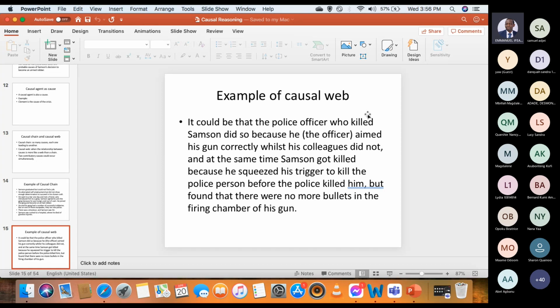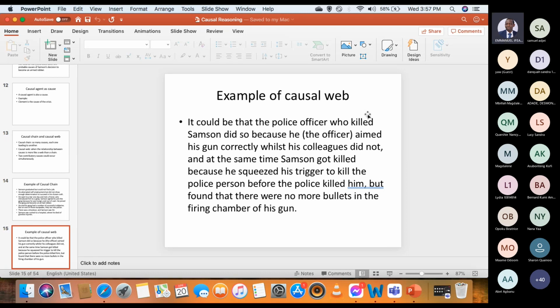It could be that the police officer who killed Samson did so because he, the officer, aimed his gun correctly, whilst his colleagues did not. And at the same time, Samson got killed because he squeezed his trigger to kill the policeman before the policeman killed him, but he found that there were no more bullets in the firing chamber of his gun. So you can see these things were all occurring at the same time.